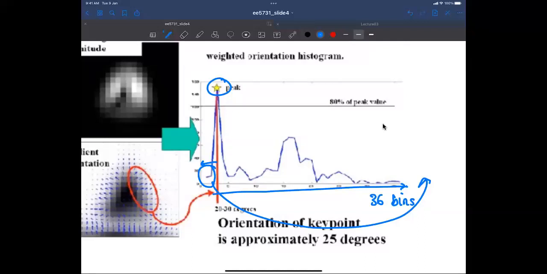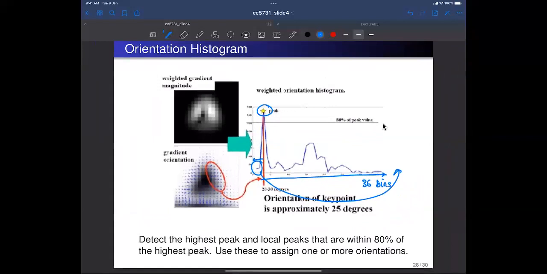Any questions here? Okay, so this is how you can make the key points descriptor that you will have later on be orientation invariant, independent from rotation.